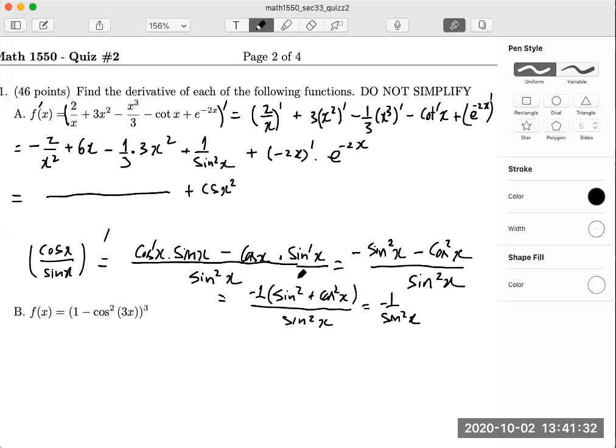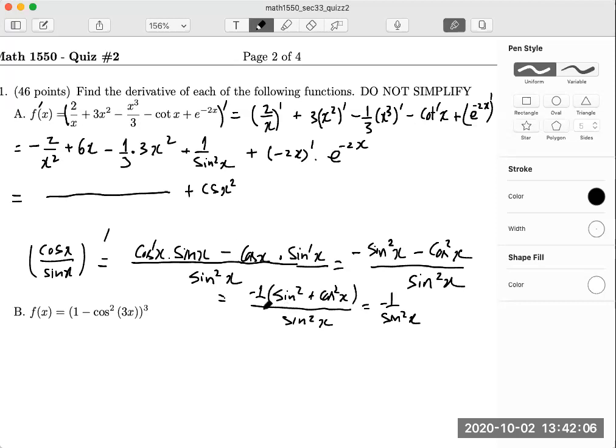I don't think so, because we did it here very slowly. If you remember the derivative of cotangent, you can write it immediately. If you don't, do it slowly with the quotient rule, and that is what we have here, okay? Maybe you need to double check it more.